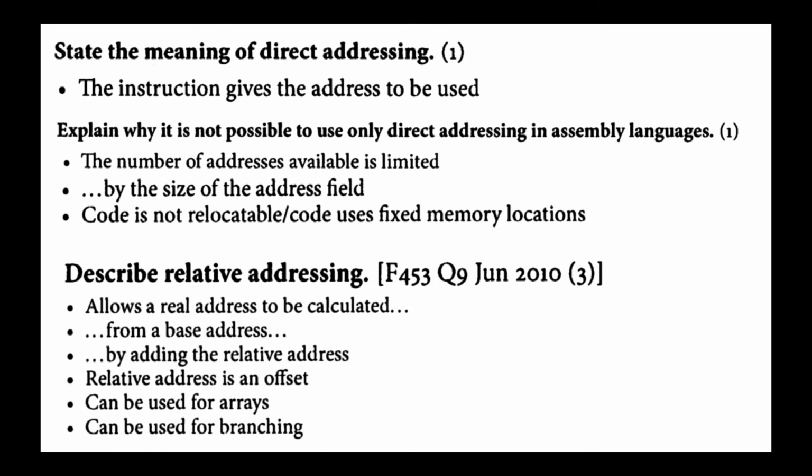Describe relative addressing. It allows a real address to be calculated from a base address by adding the relative address. The relative address is an offset, can be used for arrays, and can be used for branching.